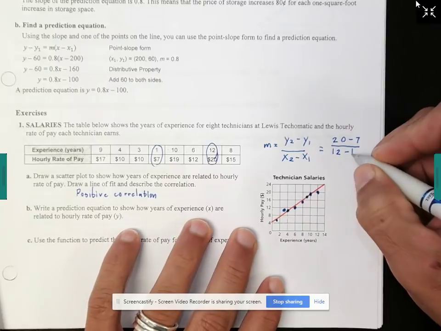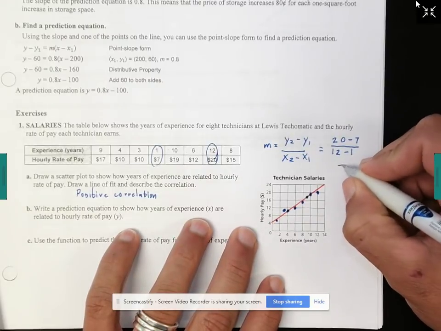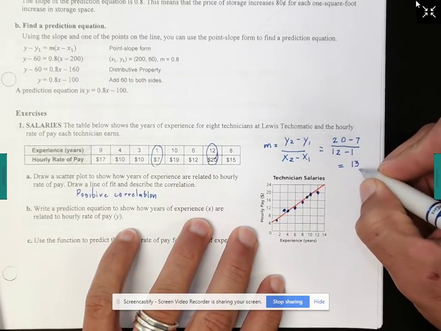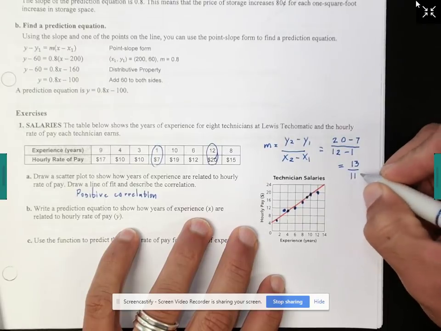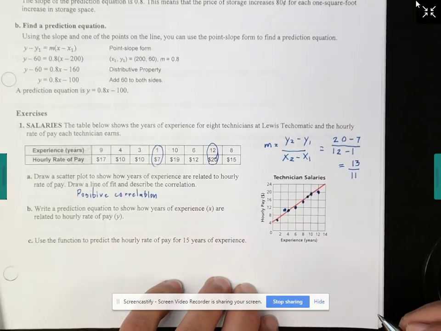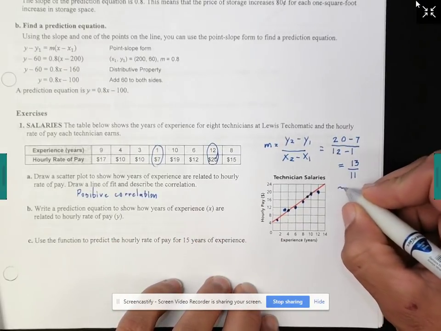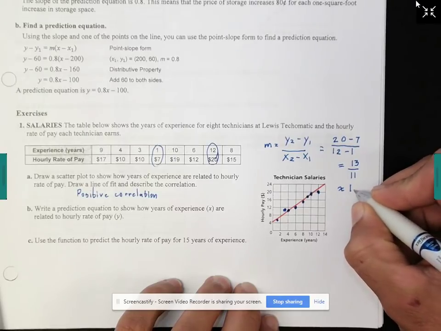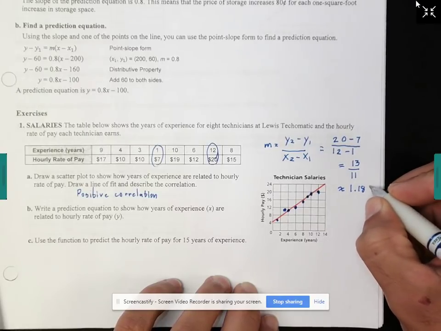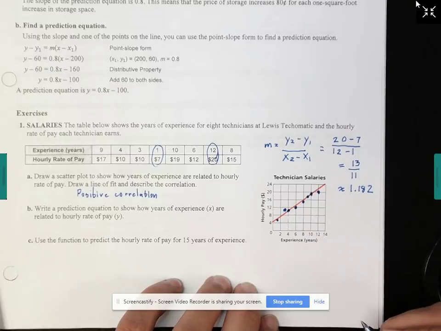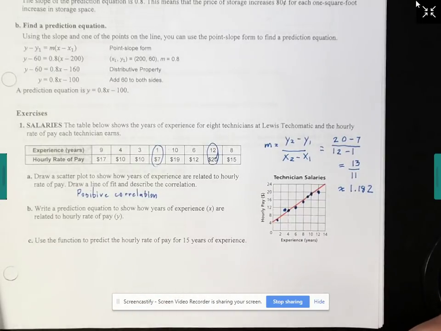And that's going to be 13 over 11, which is approximately 1.182. Let's call it that. So that's my slope.